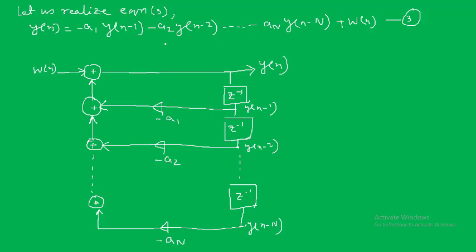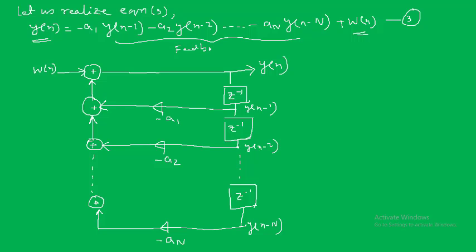Now if we have a look at equation 3, then we find y of n is the output and input is w of n, whereas y of n minus 1, y of n minus 2, all these things are the feedback. So this is forming a feedback loop.